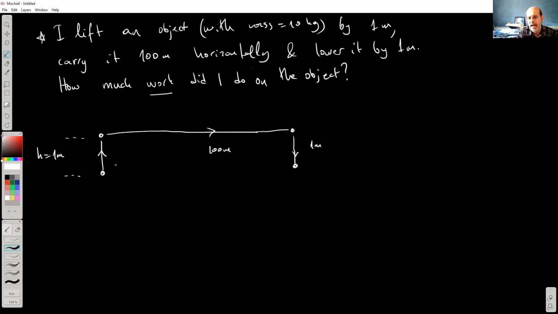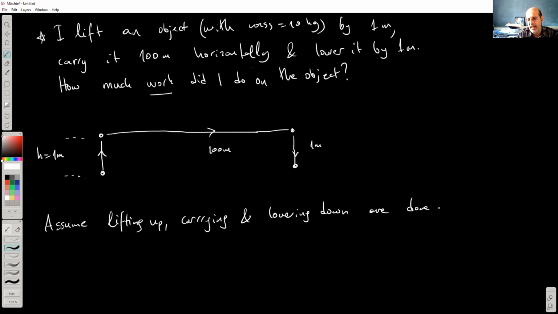But in any case, I can assume that all of those lifting and then carrying and so on are done at constant velocity. So assume lifting up, carrying, and lowering down are done at constant velocity.